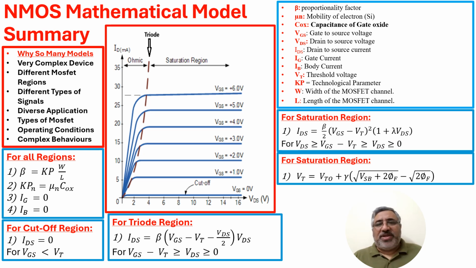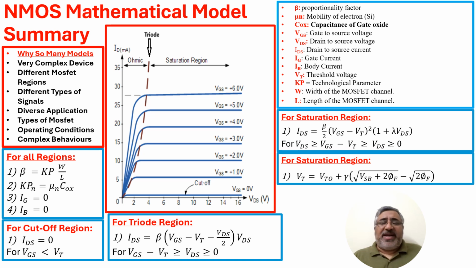Similarly, the process transconductance parameter Kp for an n-channel device can be defined as Kp equals mu n times COX, where mu n is the electron mobility and COX is the oxide capacitance per unit area. This equation illustrates the dependence of the MOSFET performance on both the mobility of the charge carriers, electrons in this case, and the capacitance of the gate oxide layer.